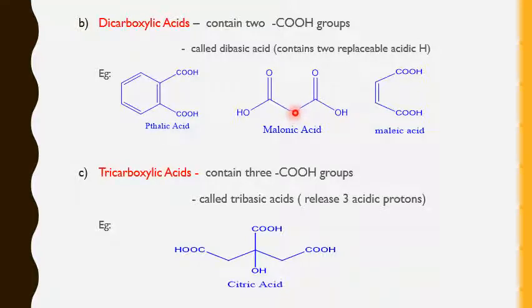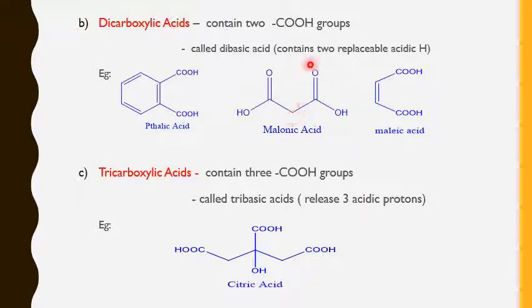We are just bothered about the number of COOH groups, not the place they are bonded to. So since we are bothered about only the number, this is also an example of dicarboxylic acid, and the name of this is malonic. And if you observe, the hydrocarbon chain is aromatic here, and here the hydrocarbon chain, can you see any unsaturation in this hydrocarbon?